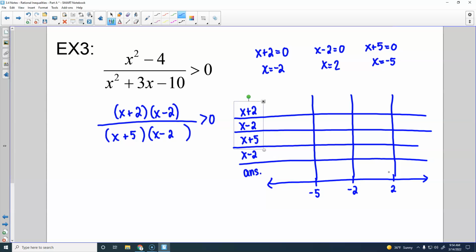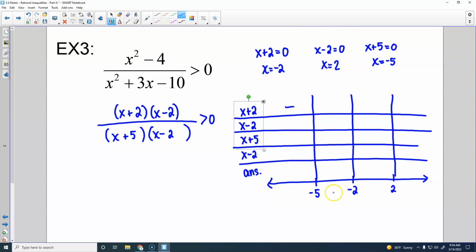So, again, you're just picking numbers that fall in between the sections here. On this part, I'd be thinking of something less than -5, so -6. If I plug in -6 plus 2, that's going to give me a negative in that section.